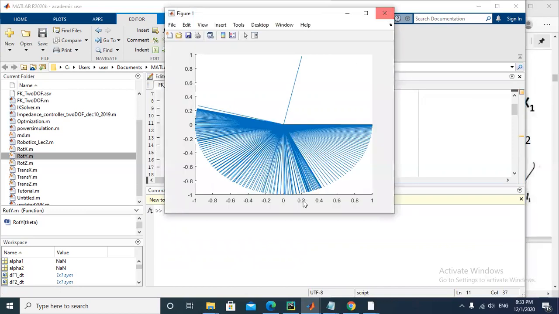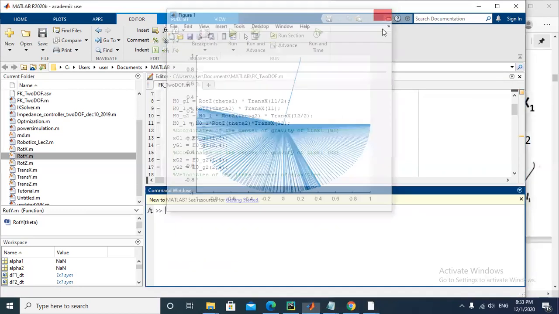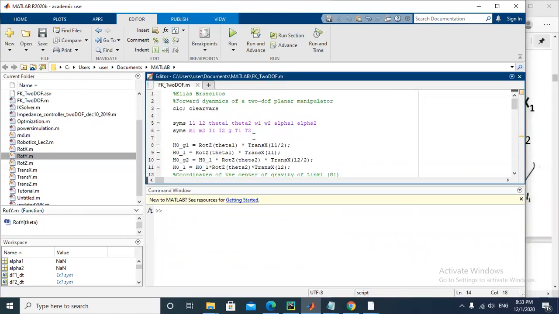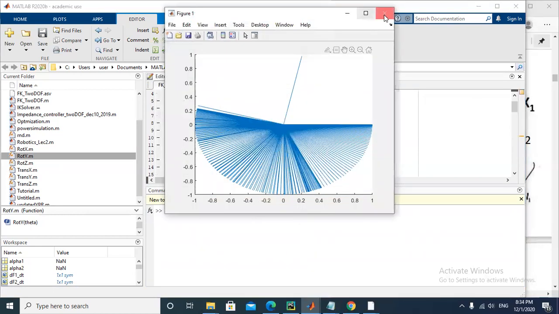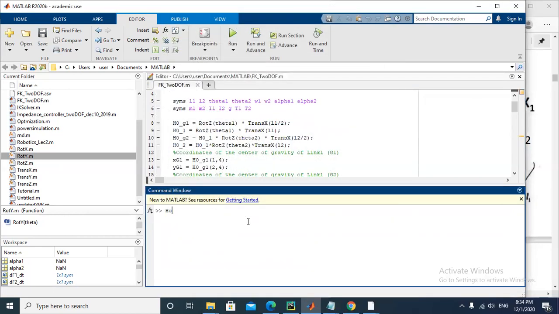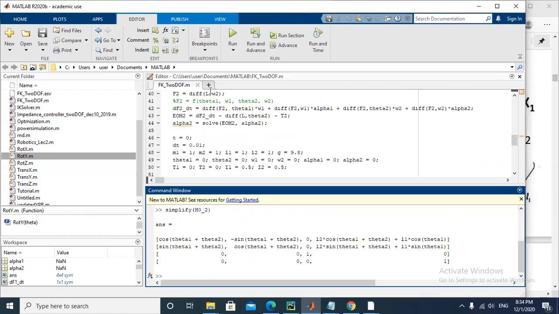Okay, now it's trying to plot the link basically. By L2, so let's wait, this is HO2. So let's actually look into HO2, right? Let's actually see it. Simplify HO2, and there you have it.